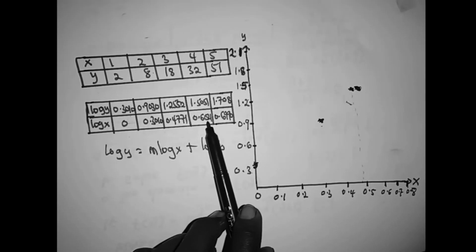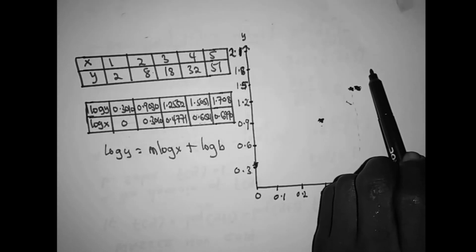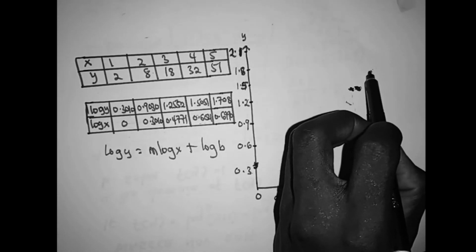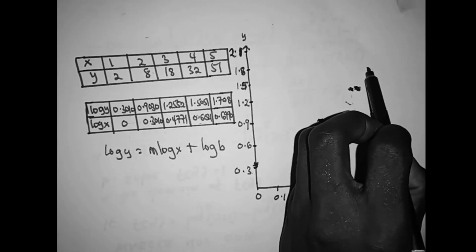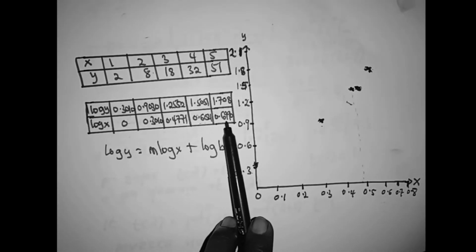And then the next digit is 0.6. We are plotting it against 1.505. So a little bit above 1.5, it's going to be somewhere here. And then the next one is 0.69.